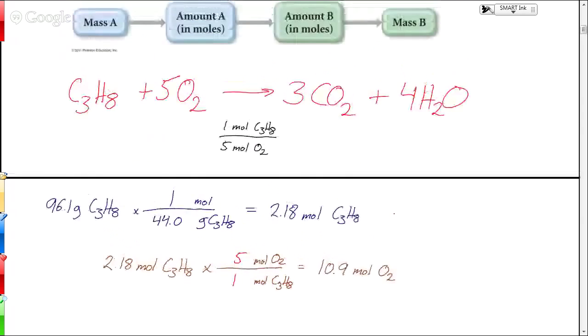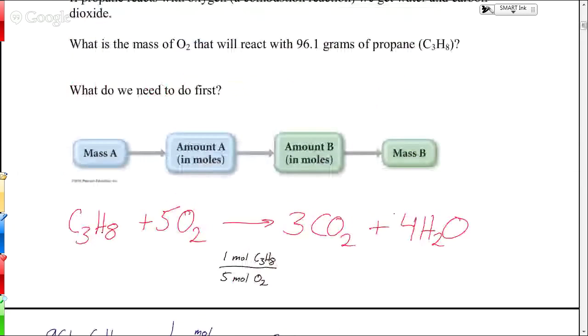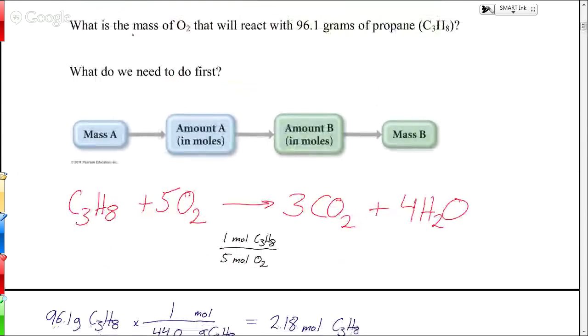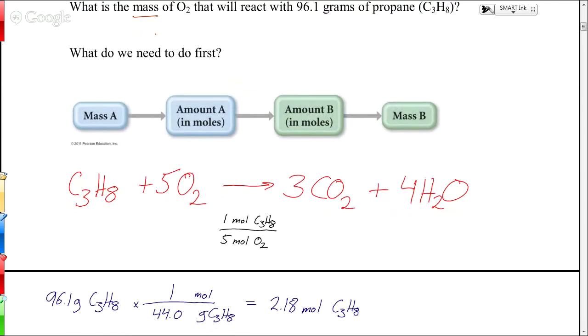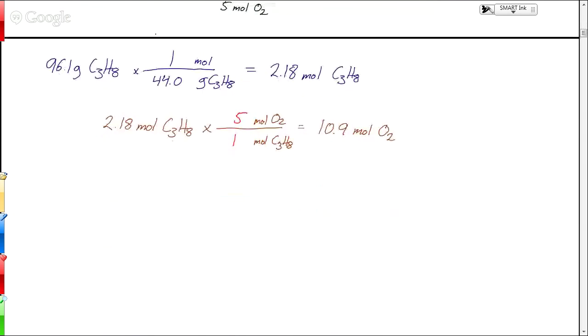Now the question asks, what is the mass of oxygen that will react with 96.1 grams of propane? So we found the moles of oxygen. How are we going to get to the mass of oxygen? We're going to convert using molar mass.